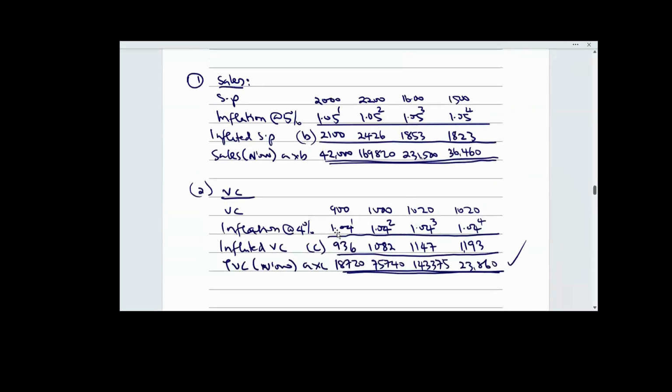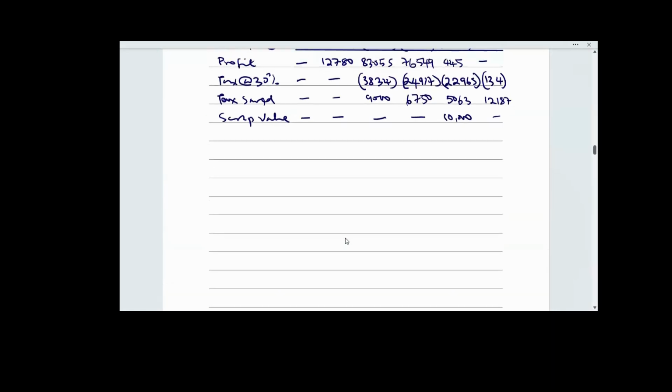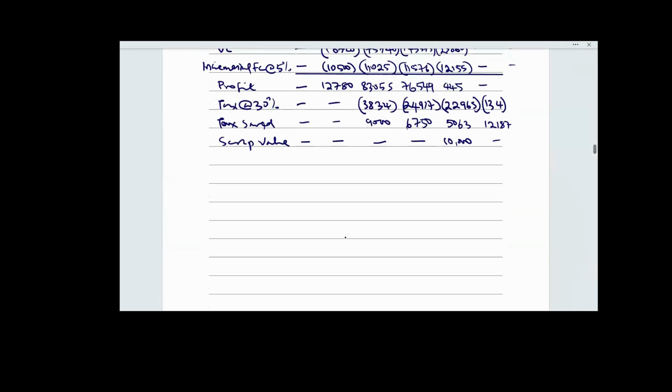So the next item is initial outlay, based on the format. So here is the initial outlay, which is 120,000. Then, according to the question, we're also given working capital. So let's go back to the question.